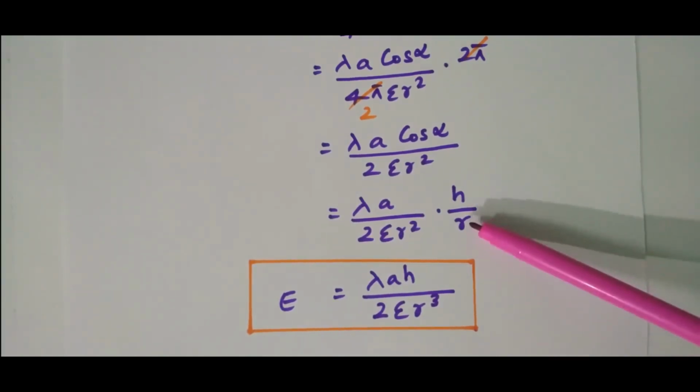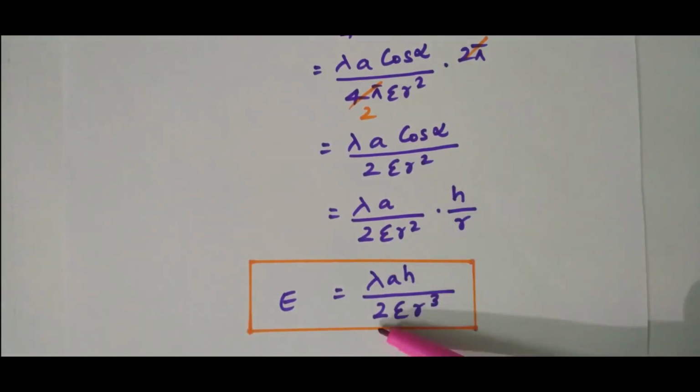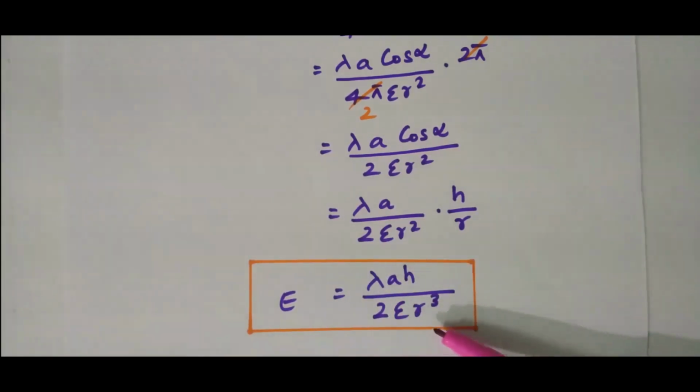So lambda a h divided by 2 epsilon r cube. Finally we got the expression for the electric field intensity due to the charged ring: E equals lambda a h divided by 2 epsilon r cube. So in this video we got the expression for electric field intensity due to a charged disk and a charged ring.